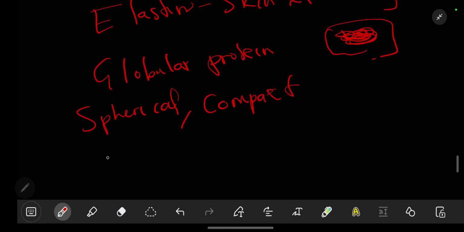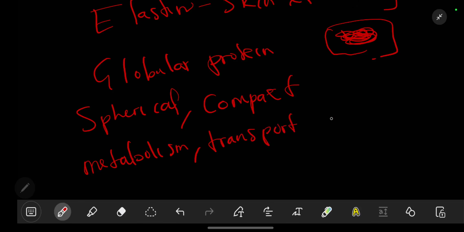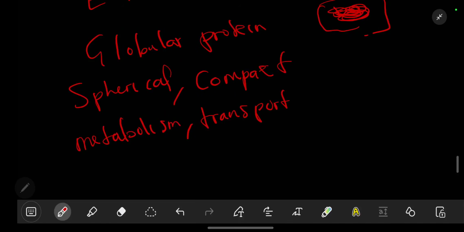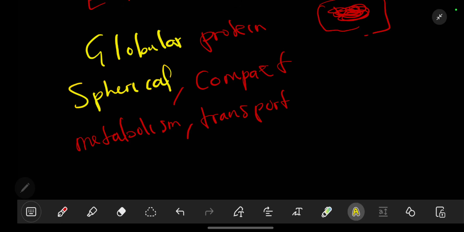Their function is that they are important in metabolism and transport. To remember the globular proteins, remember that the globe is spherical, so they are spherical and compact, and they help in metabolism and transport.